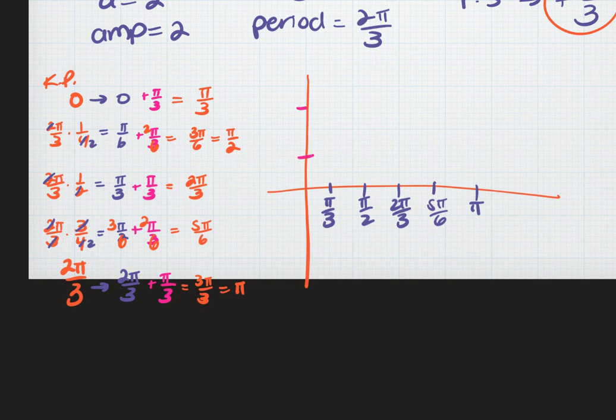My amplitude was 2. So cosine starts at the top, then goes down to 0, down to -2, up to 0, and up to +2. And my cosine curve would look like that. Questions on that one?